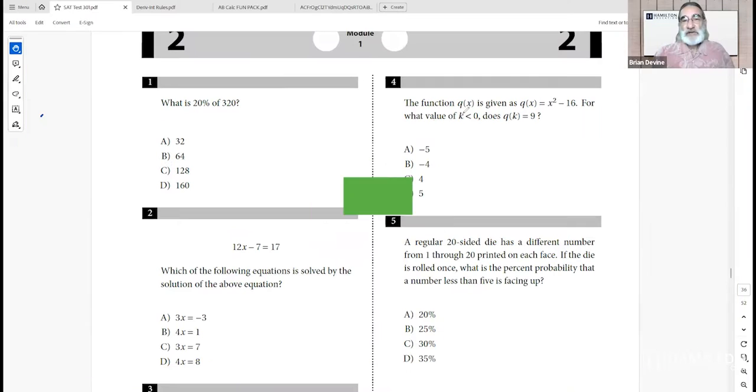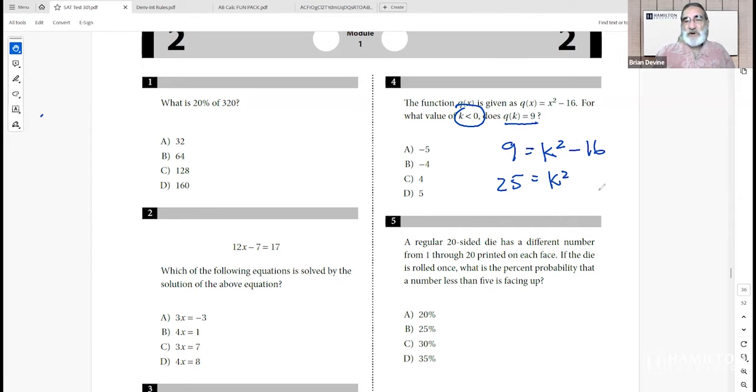Question 4, the function q of x is given as q of x equals x squared minus 16. And for what value of k that is negative does q of k equal 9? So 9 would have to equal k squared minus 16. Or 25 would have to equal k squared.